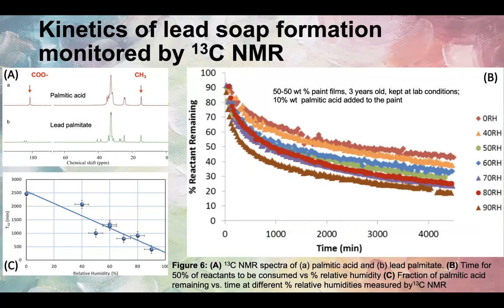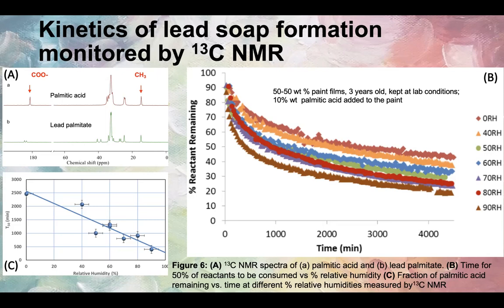So you can see here I have included NMR spectra of both palmitic acid and lead palmitate, and there is a difference in the peaks of the two. So you can watch over time as the carboxylate peak of the palmitic acid decreases and the peaks for the lead carboxylate increase, therefore allowing you to monitor the reaction over time.